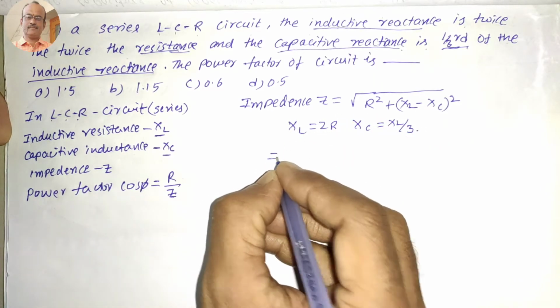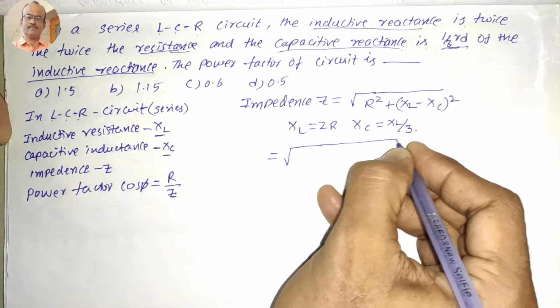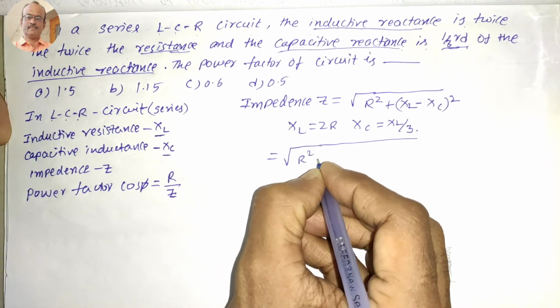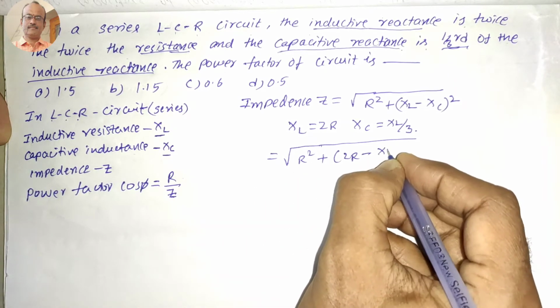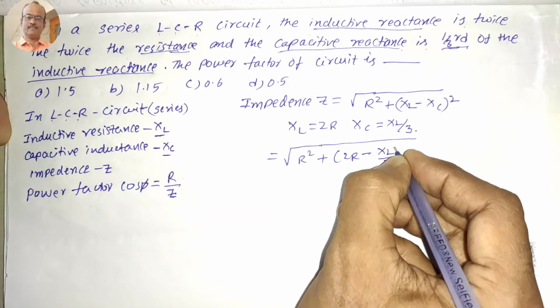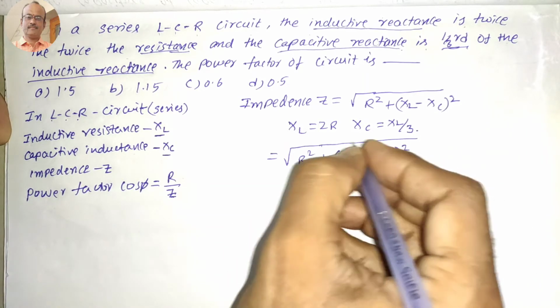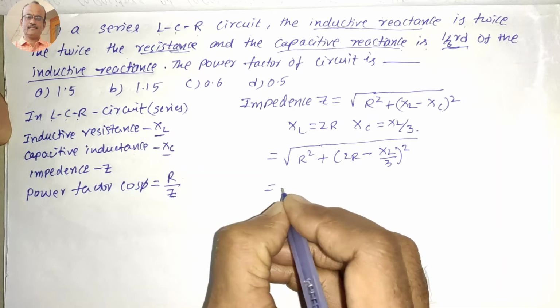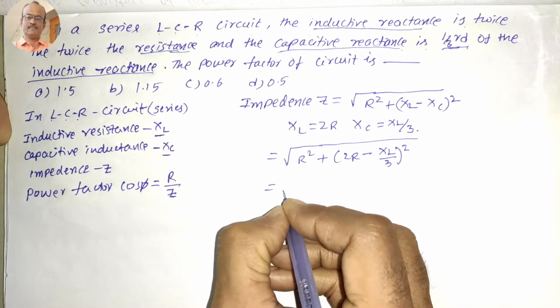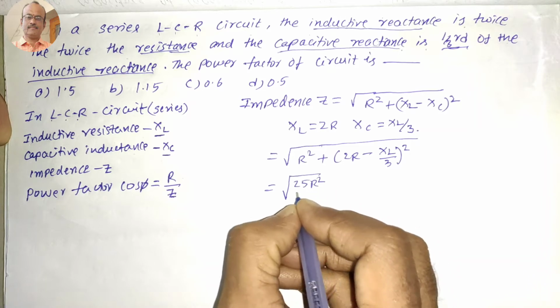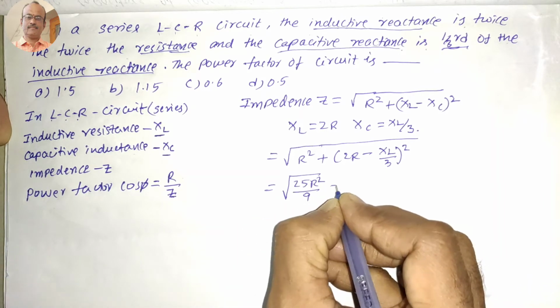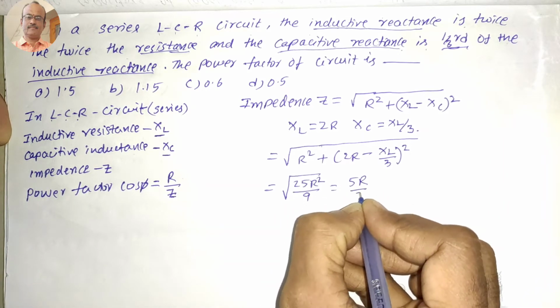Now substitute in this case: square root over R square plus 2R minus 2R divided by 3 whole square. On simplifying this, we are getting the answer as square root over 25R square divided by 9, which is equal to 5R by 3.